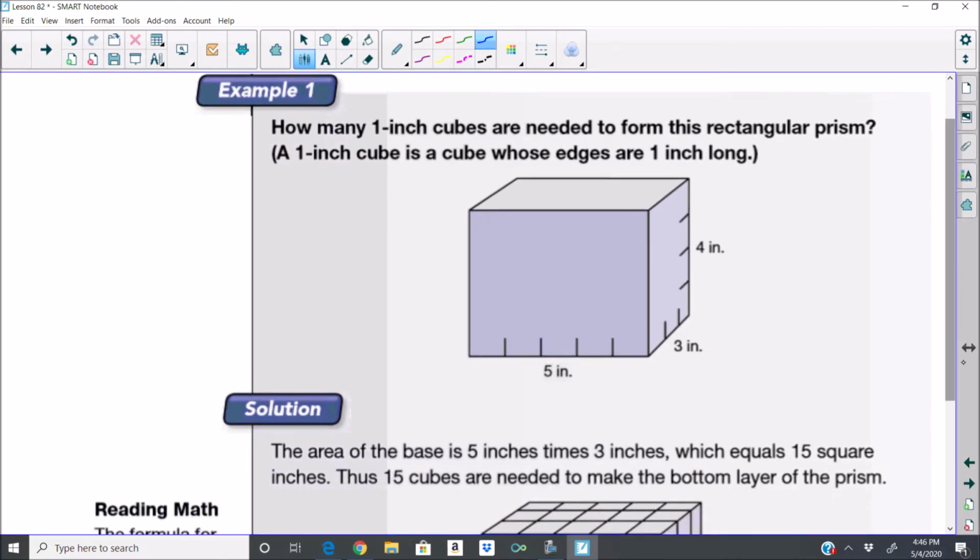How many 1-inch cubes are needed to form this rectangular prism? A 1-inch cube is a cube whose edges are 1 inch long.